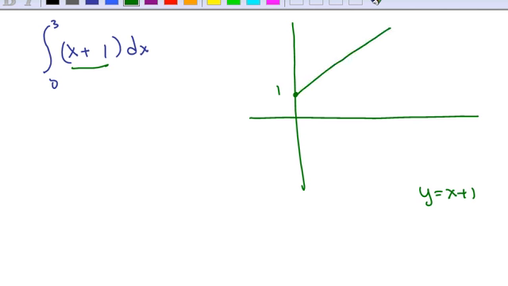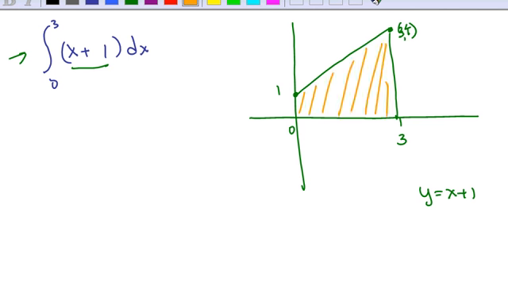And at 0 it's 1, and at 3 it would be at 4, so it's 3, 4. It's that point right there. So my question really means find the area between the curve and the x-axis. So that says that I am finding the area, let me do that in a different color, this area right here. And that is the area of two things.